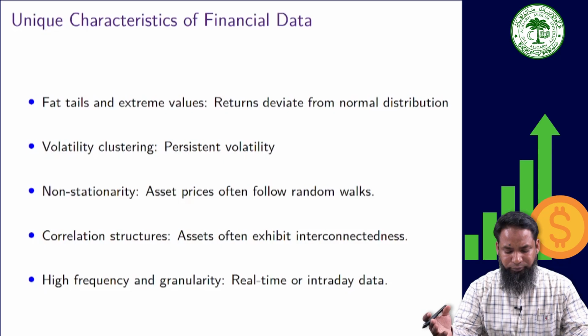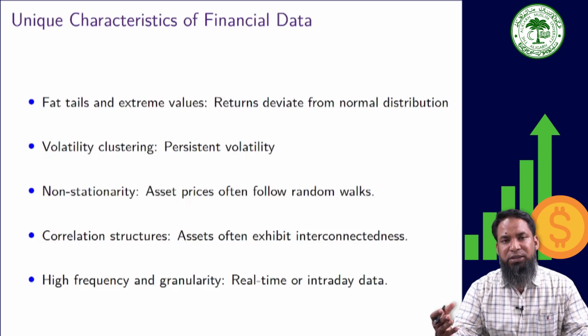If the data shows fat tails, then there is a chance of having large fluctuations in the variables, let us say the stock prices. If there are large fluctuations, then there could be either a large profit or a large loss. So that is the extreme chances we have.